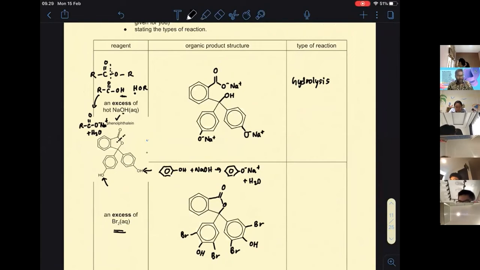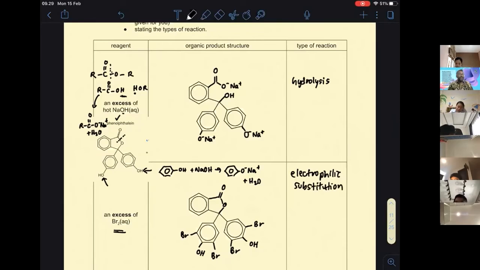I don't think in the textbook and in our syllabus we call this bromination. So the best answer is somehow similar to the mechanism of the reaction. That's the reason why we use electrophilic substitution, because there's no other best term to replace that.